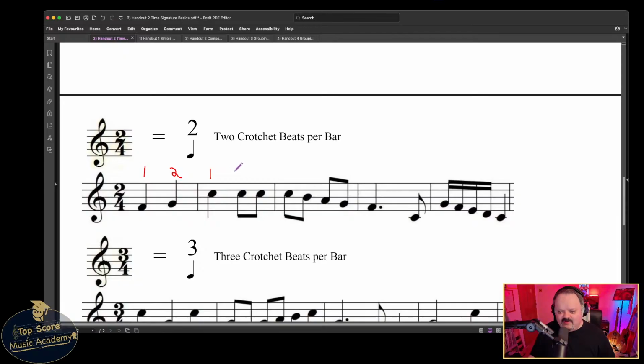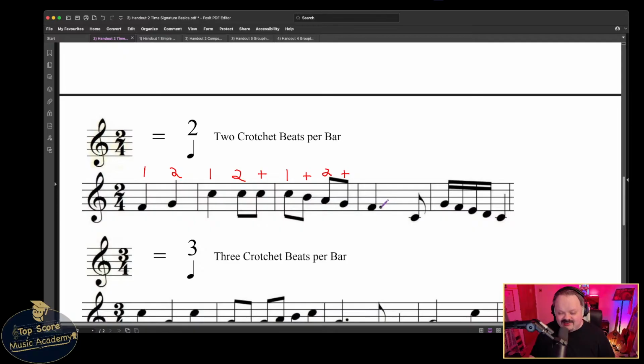First beat for this bar, second beat starts here, and in some of the old theory books, they used to get you to write out the counts for each beat. And as you can see, it's 1 and 2 and.